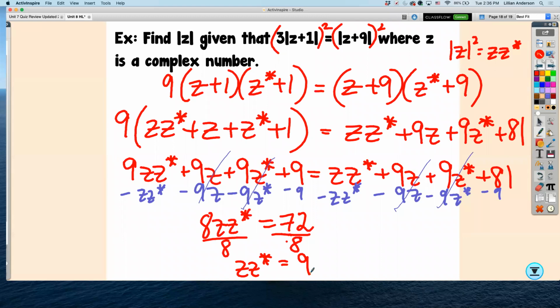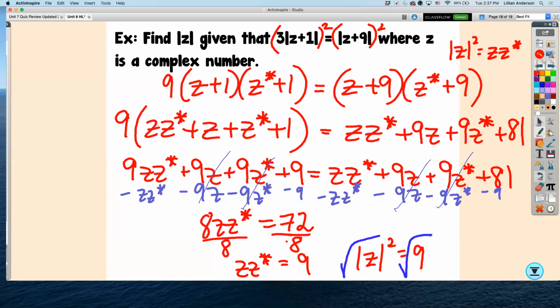And what does z times z conjugate equal? That equals the modulus of z squared. So I can replace that. And then to get rid of the squared, I would take the square root.